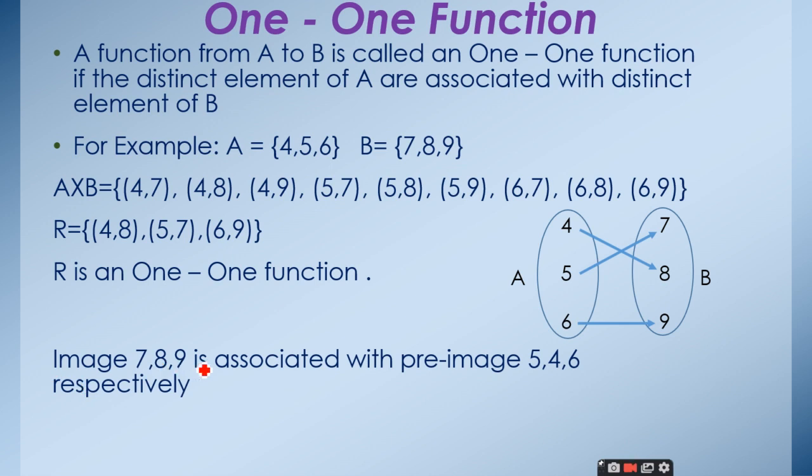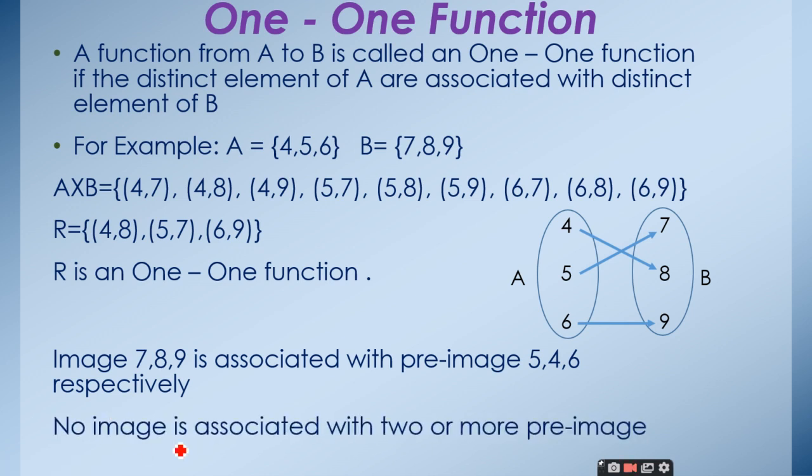Images 7, 8 and 9 are associated with pre-images 5, 4 and 6 respectively, and no image is associated with two or more pre-images. As you can see in the Venn diagram, every image is associated with only one pre-image of set A. That's why this is called a one-to-one function.